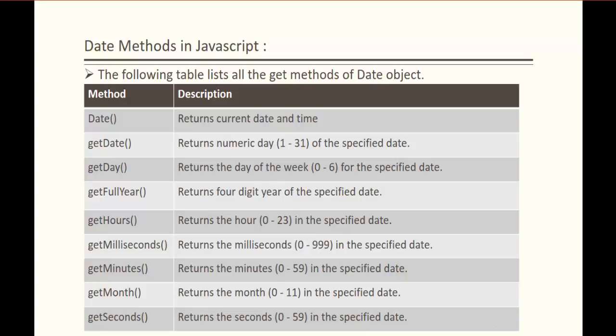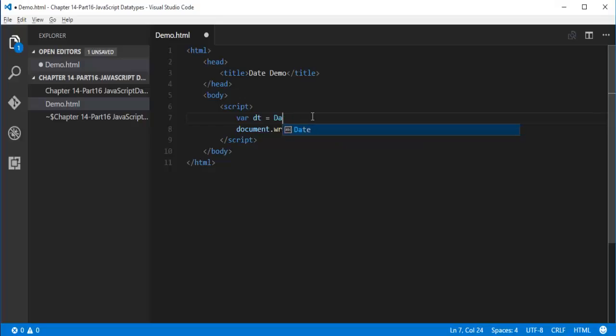Now instead of doing it like this, let me create my own date. The date is, let me take it as December, and it's 7, and the year is 2016.